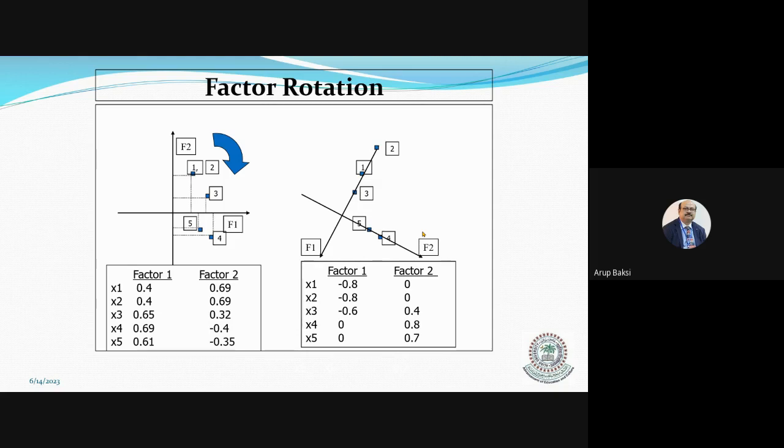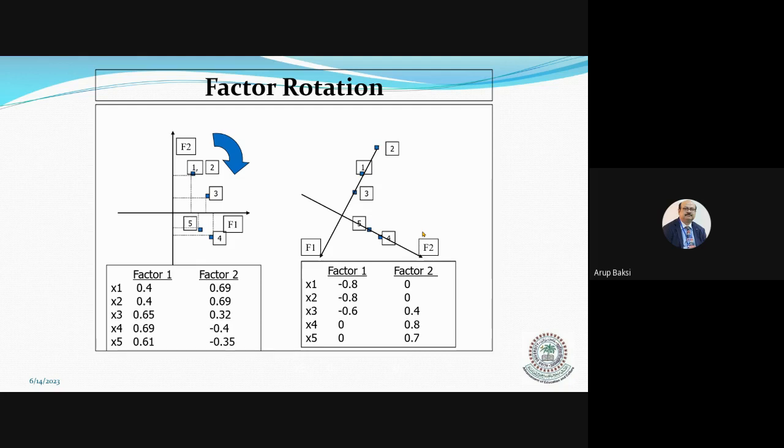And with factor 2, it is 0.69. And both these coefficients are highly significant. So it is very difficult for the researcher to interpret where to assign x1. Should they retain x1 as a factor 1 variable, or should they retain x1 as a factor 2 variable?